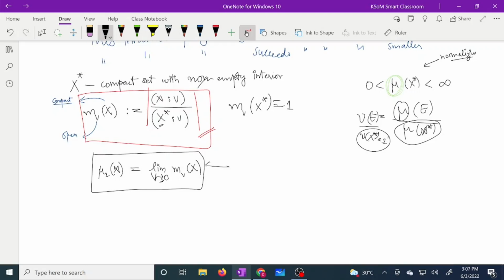So what I mean by this is that for, let's say, every epsilon bigger than 0, there exists an open v0, where v0 is an open set for me, such that for every open v contained in v0, the absolute value of mv of x minus mu l of x should be less than epsilon.